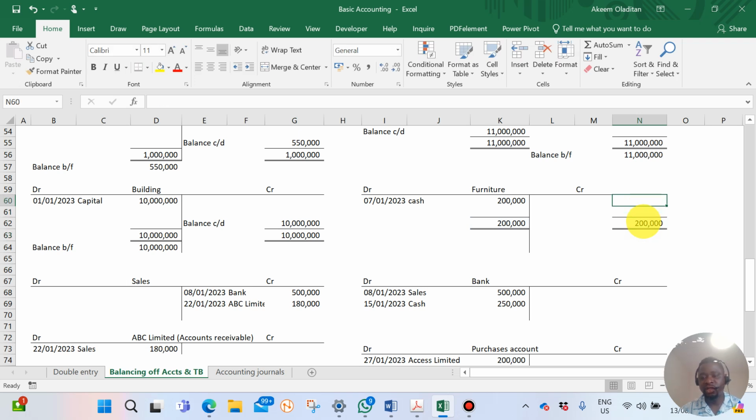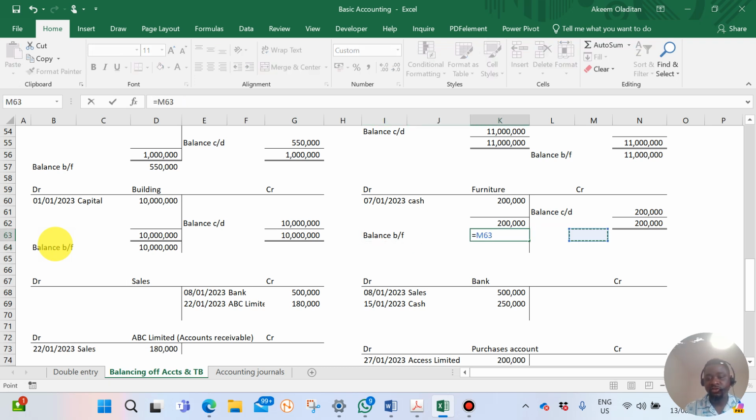We'll have our balance carried down, balance CD, the same 200,000. Then we have balance brought forward. The same value of 200,000 will come down.